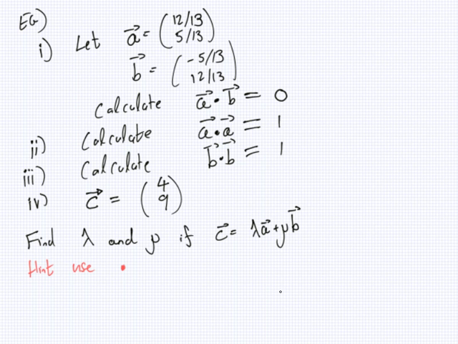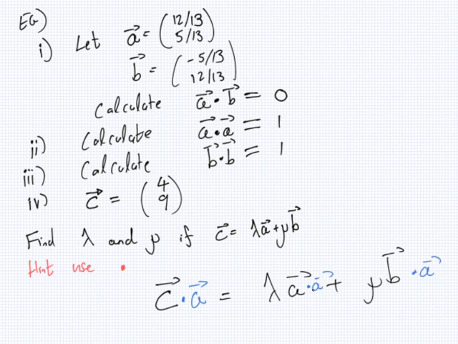So, the trick here, watch the magic. C equals lambda A plus mu B. Now, if I dot both sides by A, what is A dot A? 1 times lambda?